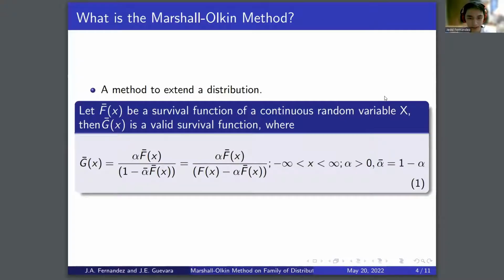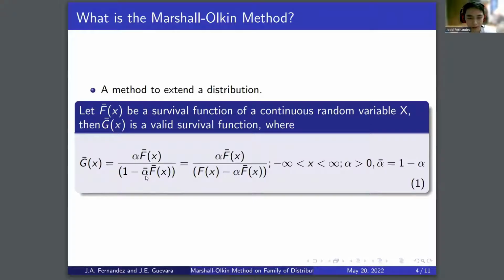They proposed that if capital F bar is a survival function of a continuous random variable, then capital G bar given below is a valid survival function. Here, we would extend the distribution given by F with the parameter alpha.